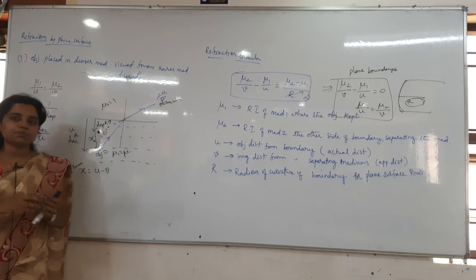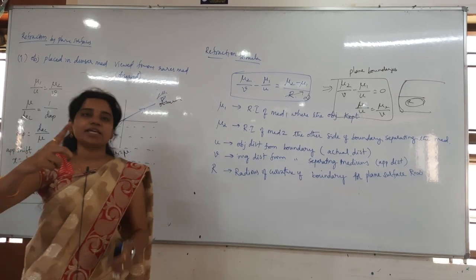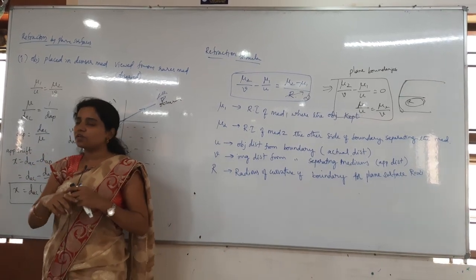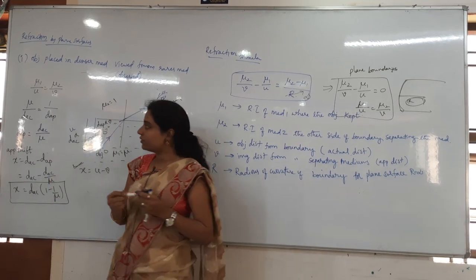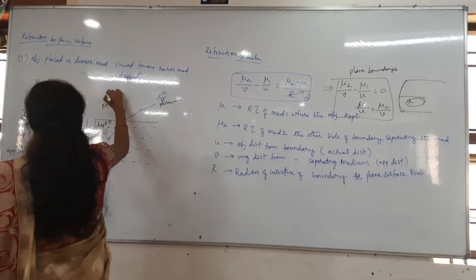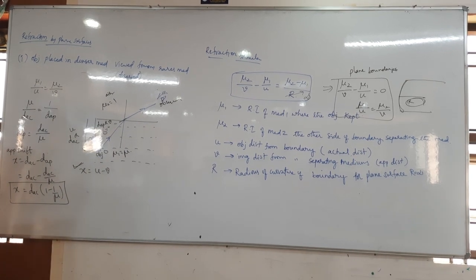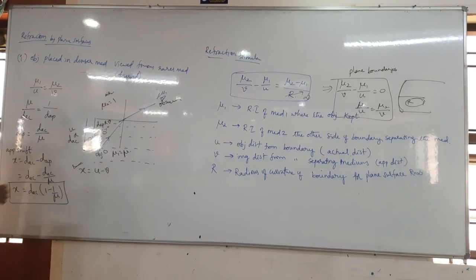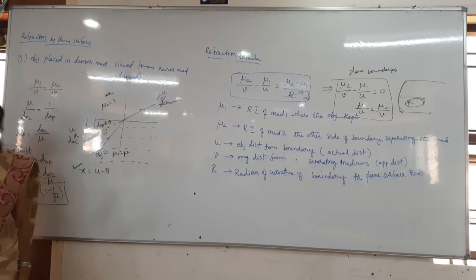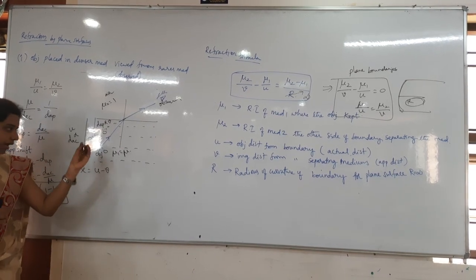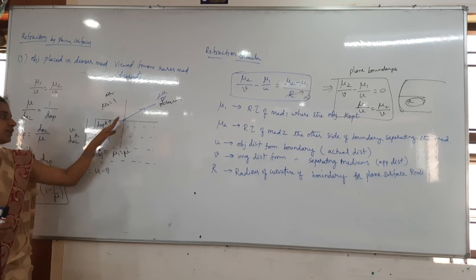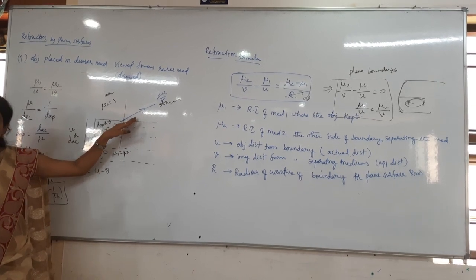So here the object is placed in the denser medium, and it appears to have less depth whenever you are looking from the rarer medium. This rarer medium I have taken as air, and this denser medium I have taken as water. Now whenever the object is observed from the rarer medium, what happens? The light travelling in the denser medium hits the boundary.